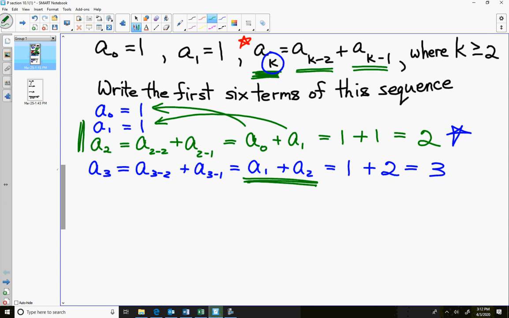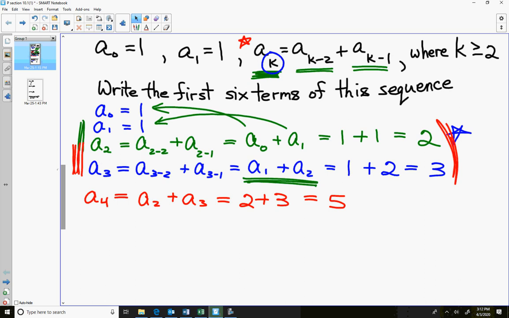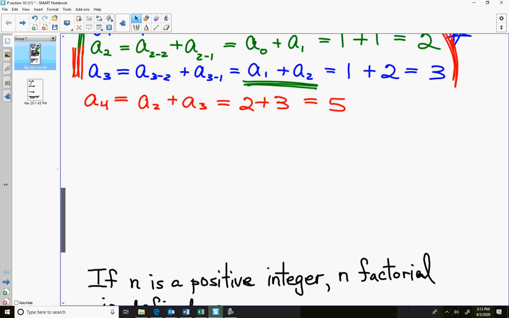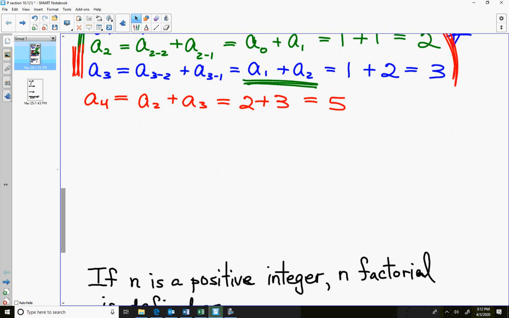So I'm going to try to skip this a little bit. So as I move forward now, let's go to A4. It's simply going to be the 2 before it. So it's simply going to be A2 plus A3, which was 2 plus 3 from this information down here is what they equal, which gets me 5. And we wanted the first 6 terms, but we started with A0.